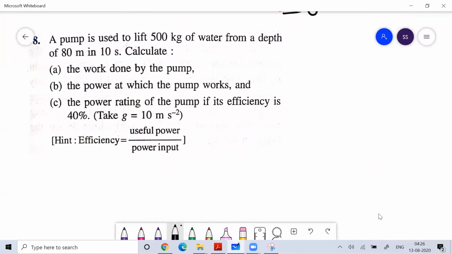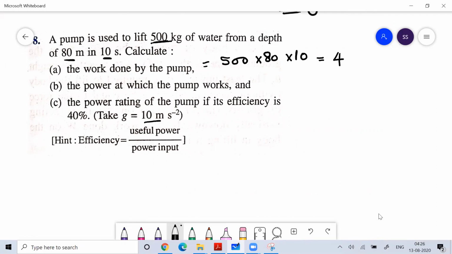Now see question number 8. So the mass of water is given, 500 kg, depth is 80 meter, time is 10 seconds. What is work done? Work done would be 500 into 80, m into g into h. G they are taking 10. So this will be equal to the work done by pump.